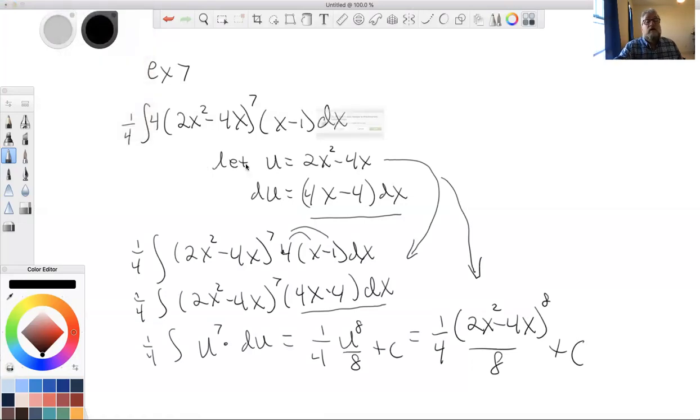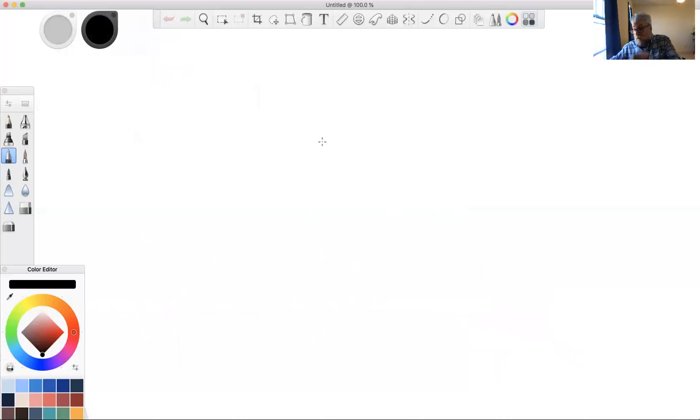Okay, I think there's one more. Yes, it is. And it's a fun one. It is a marginal revenue. And recall, marginal revenue is the derivative of the revenue function.